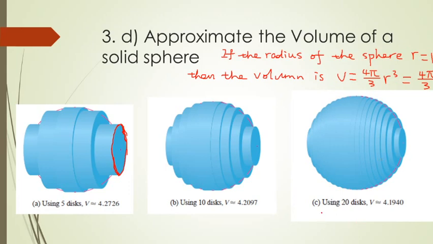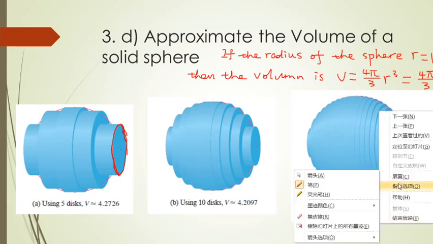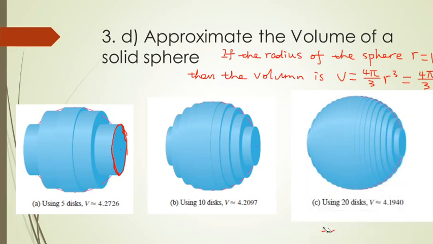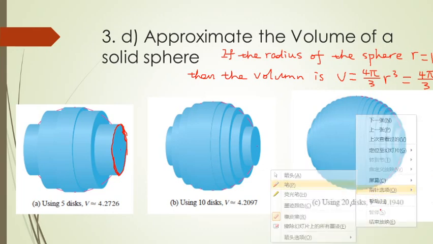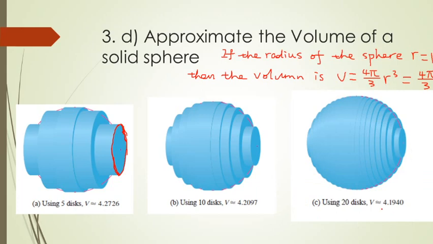And of course the number will get very close to 4 pi over 3 as we increase the number of discs. As we increase the number of discs, we get close to this number.